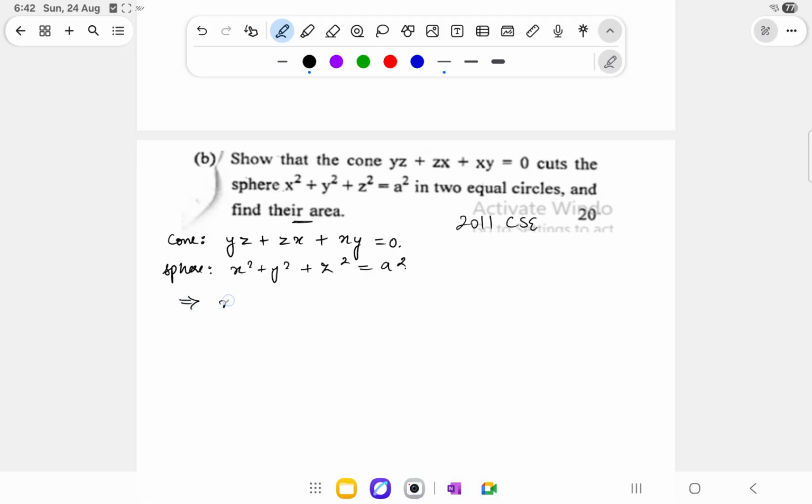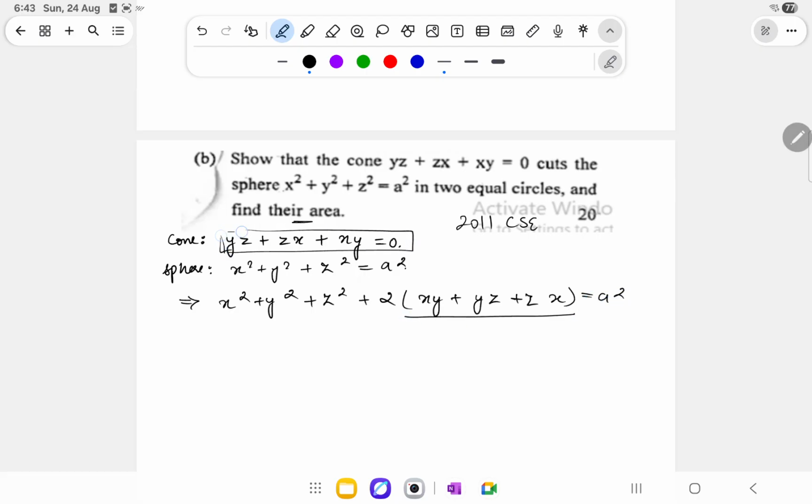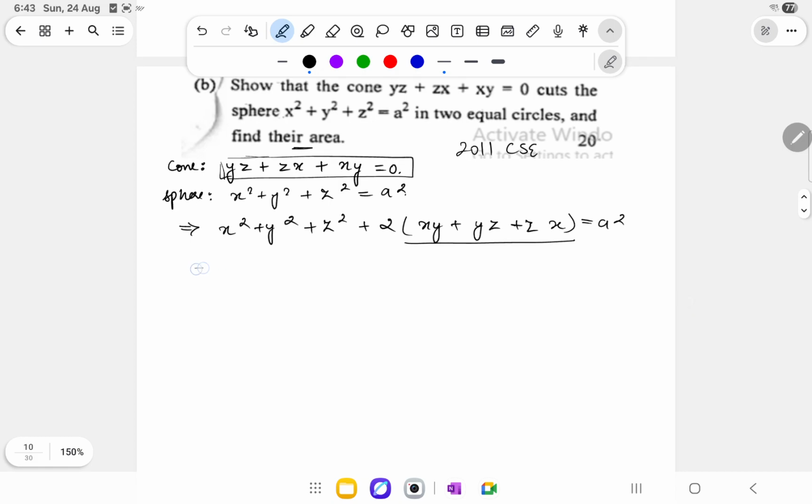What we can do is write the equation of the sphere as x² + y² + z² + 2(xy + yz + zx) = a², because this term is equal to 0 from the equation of the cone that is given to us. If we simplify this, the left hand side is basically (x + y + z)² = a².